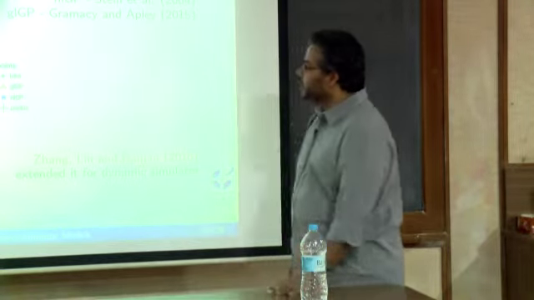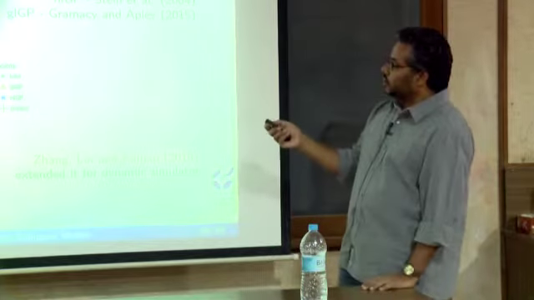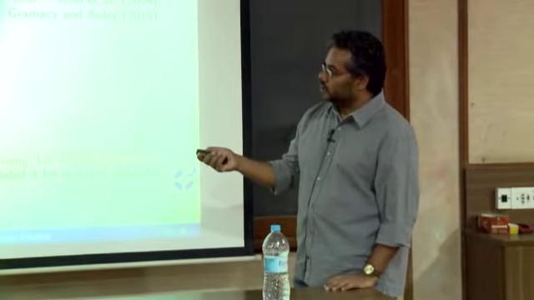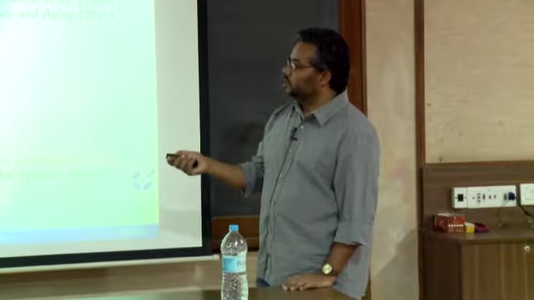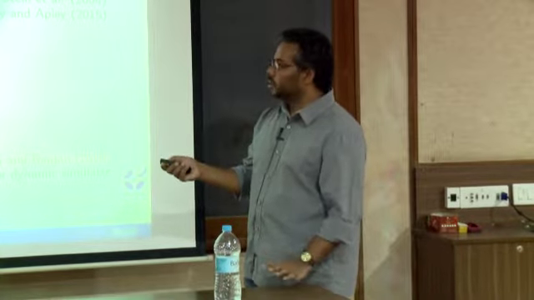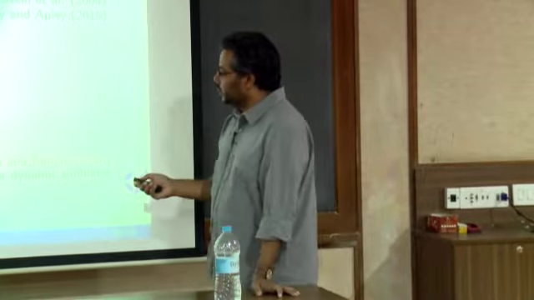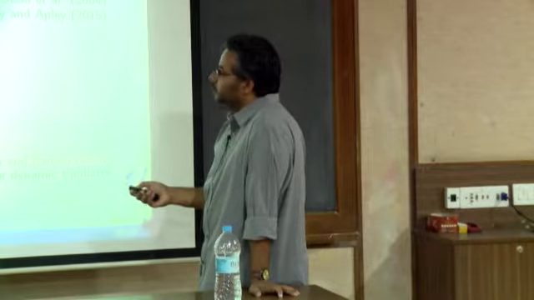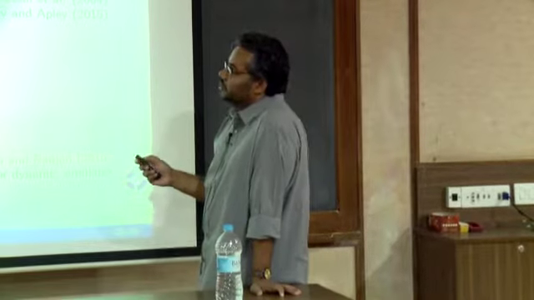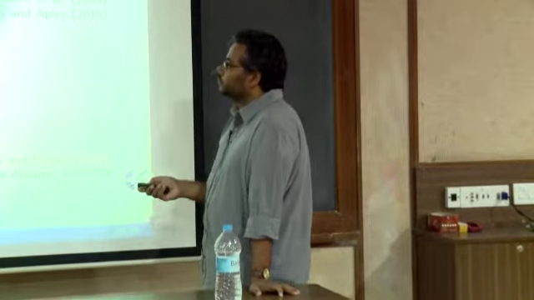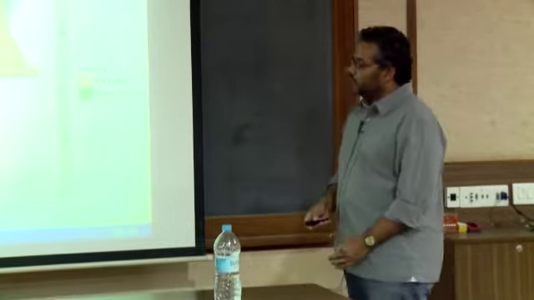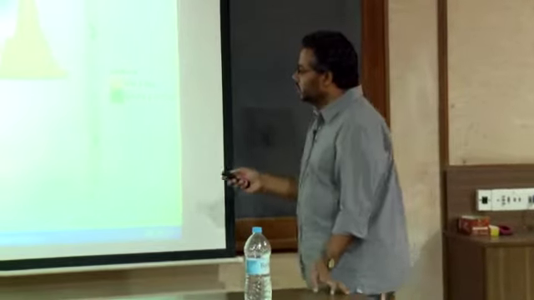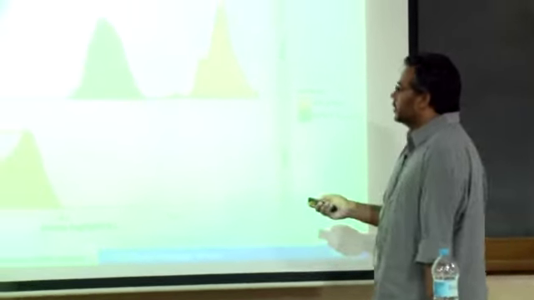Okay. So, I'm skipping that, and so the original idea of this greedy or cleverly chosen nearest neighbor approach was by Gramacy and Apley, Dan Apley, but this work was extended by one of my students for functional data or for time series data. There are several examples he looked at in the paper.